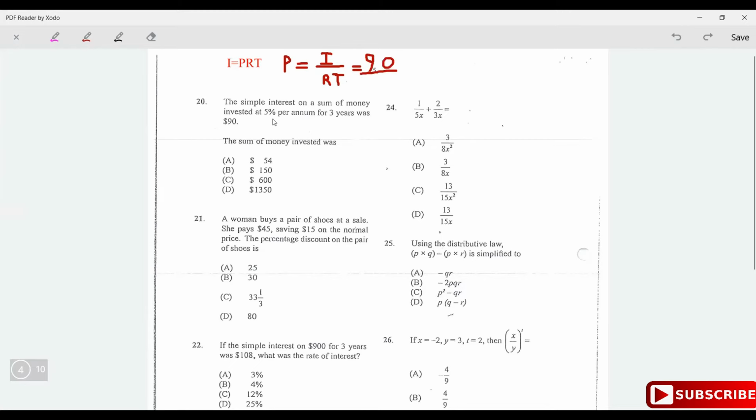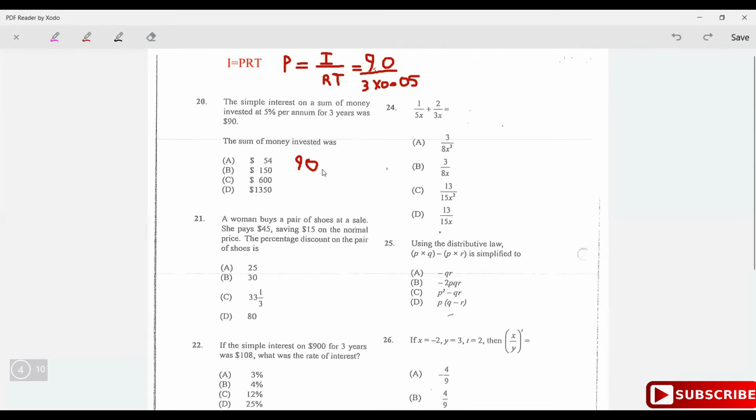The rate is 0.05 times 3. So it's 3 times 0.05. Now, a lot of persons don't like to work with decimals. I don't mind. So 3 times 0.05 is 0.15.